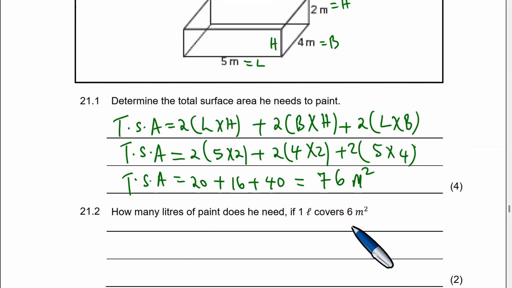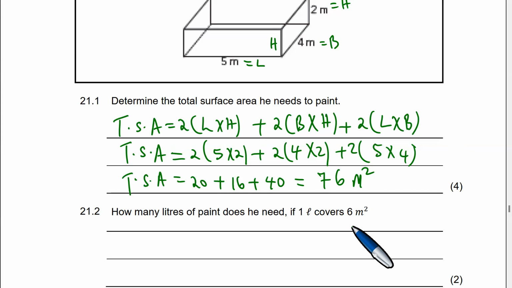So what exactly are we painting here? How much area is there to be painted? There's just 76 square meters of area, and 1 liter covers 6 square meters.